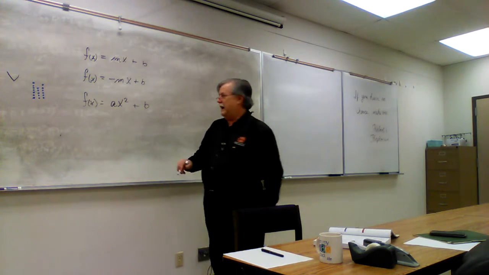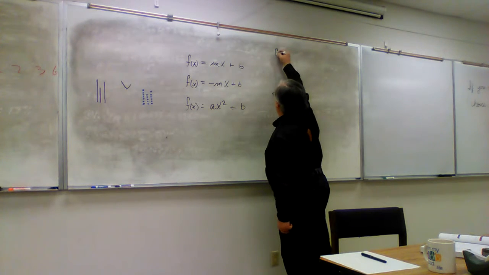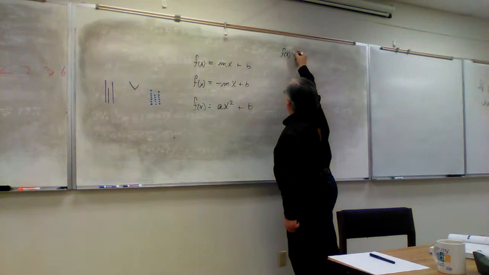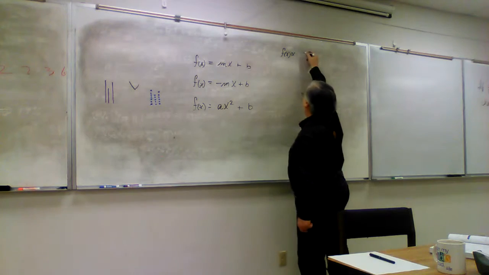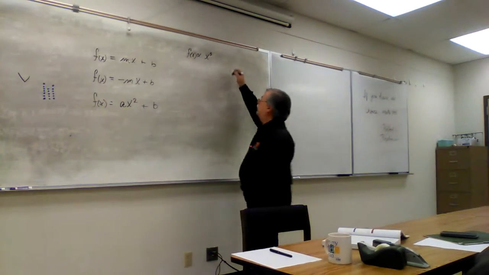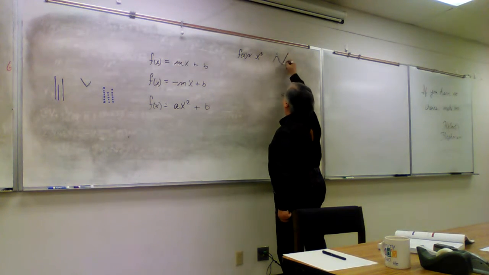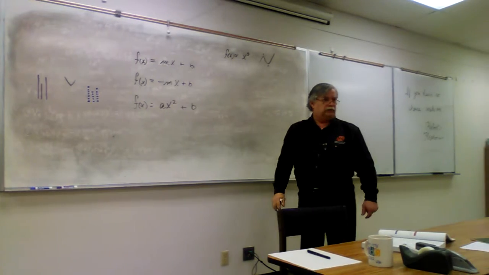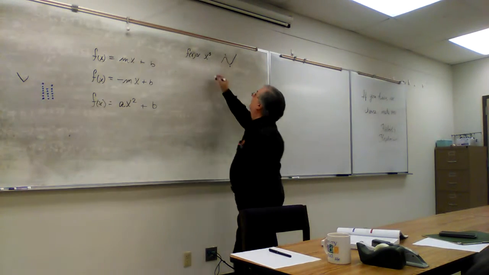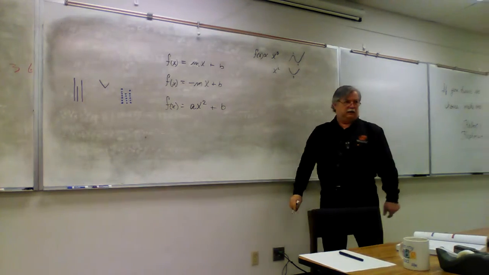And if you'll think back to your algebra, if it's x cubed, your graph is going to have two humps, two inversion points. If it's x squared, you'll have one inversion point.